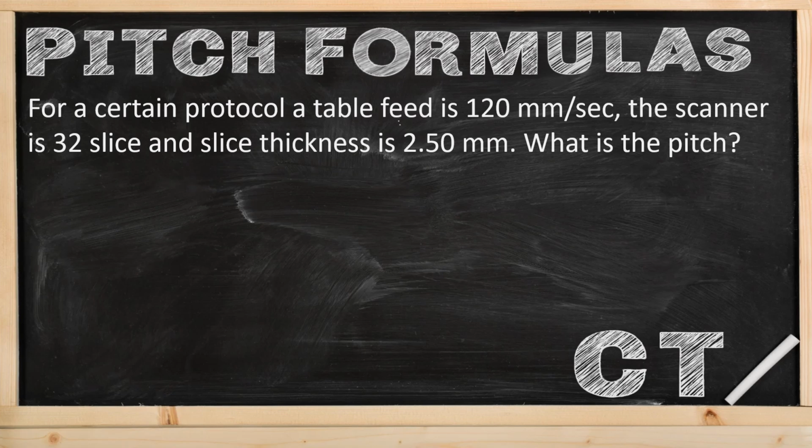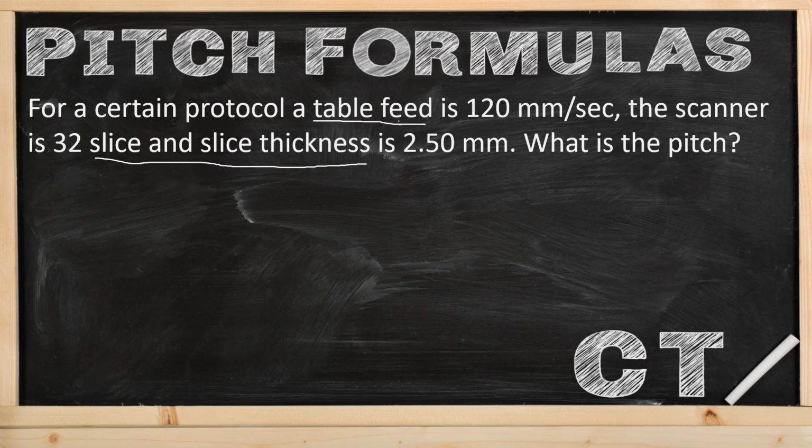Now that you have solved for this word problem, let's discuss. Let's apply the strategies. So we have keywords table feed, also slice and slice thickness. I know that slice and slice thickness is needed to find the beam width, as we discussed earlier.